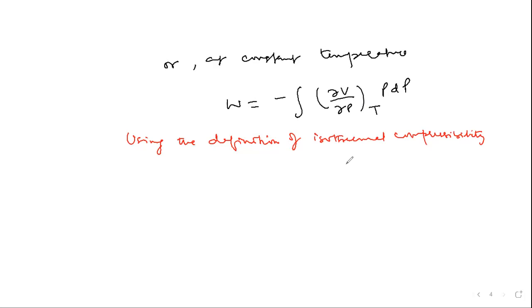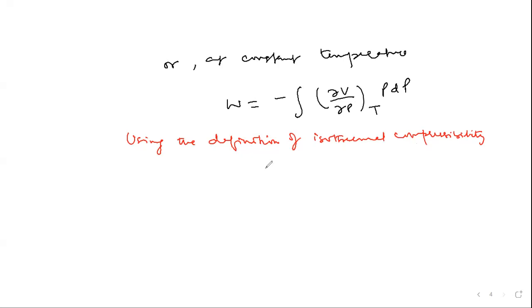So we call it more precisely isothermal compressibility, because when we compress things, we want to see the change in volume due to change in pressure. Temperature is held constant. We denote it by kappa.